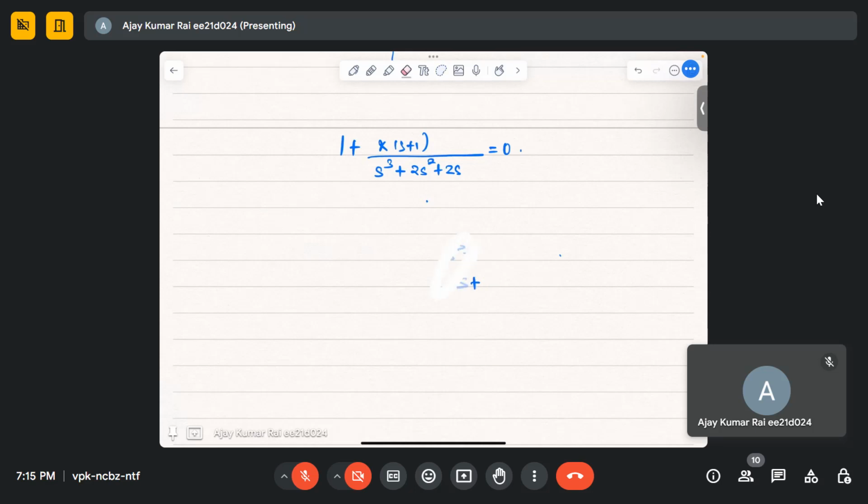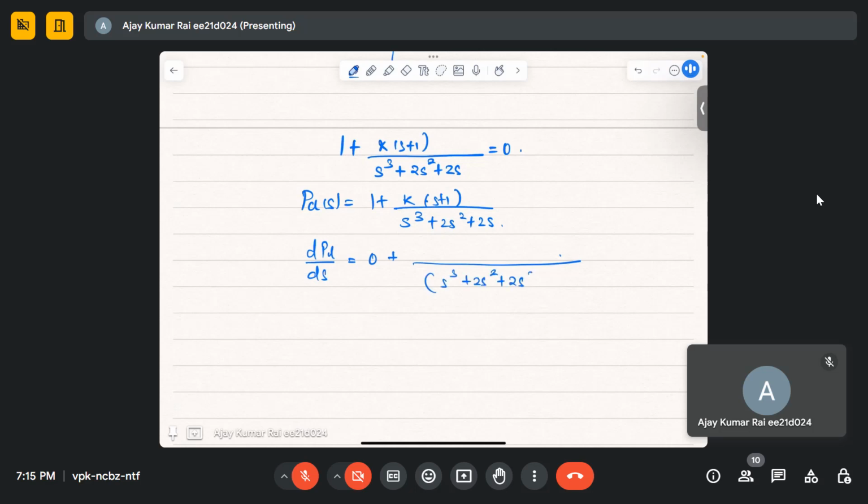So you just consider this as some polynomial in terms of s, 1 plus K times (s plus 1) over (s cube plus 2 s square plus 2s). Differentiate this with respect to s, what you'll get is 0 plus, so I'm writing in full, okay, this will be squared, and you'll get the numerator.